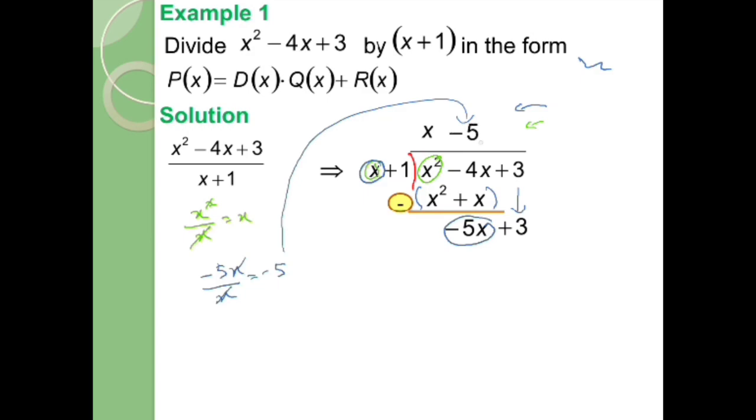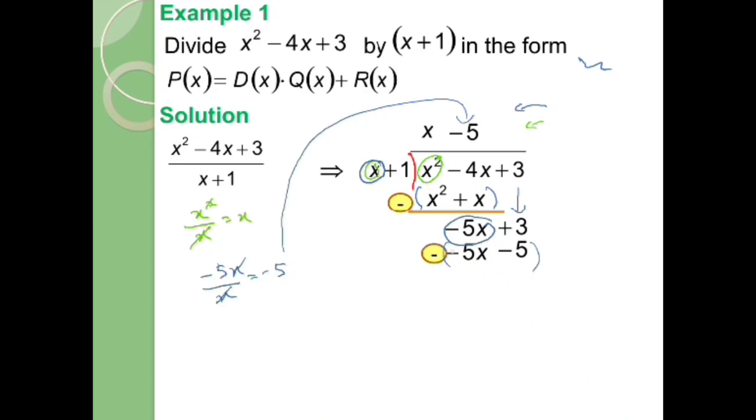Next, negative 5 multiplied with the divisor. Negative 5 times x is negative 5x. Negative 5 times 1 is negative 5. So write it underneath. Now, put a minus sign and a big bracket over there. So negative 5x minus negative 5x is 0.